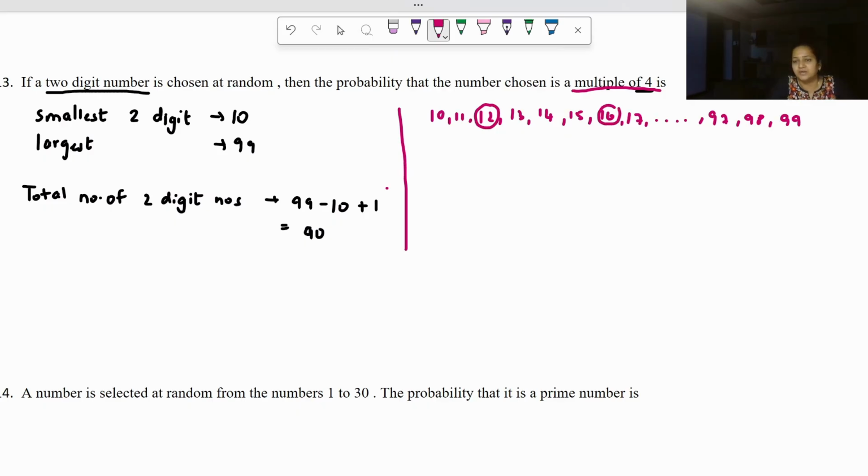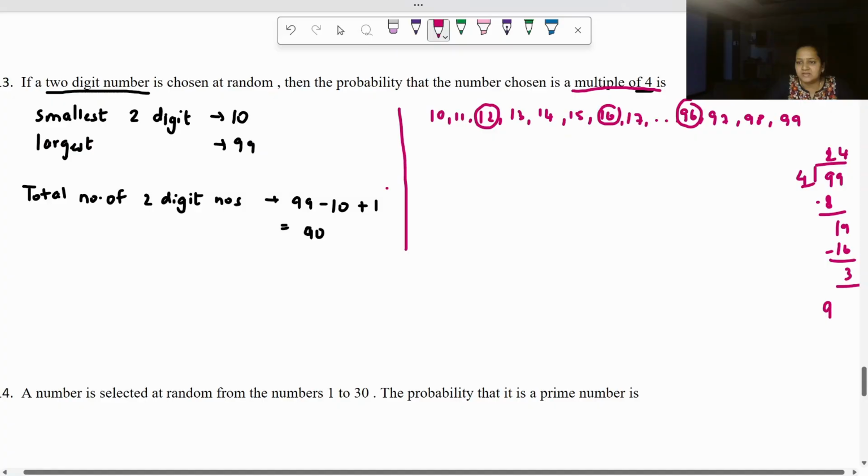And the last one would be, which is the last one? 96. Correct? How did we get 96? We divided 99 by 4. 4 2s are 8, 4 4s are 16.